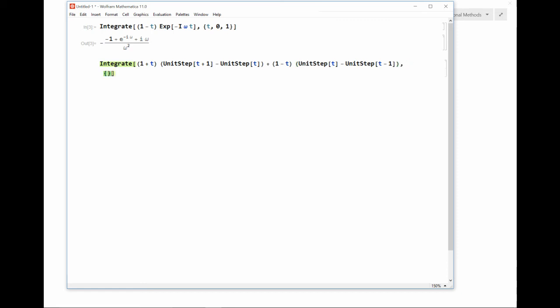I'm going to integrate in terms of t from minus 1 to 1. And just to show you that we are integrating the right function, I'm going to copy this expression and plot it, just to make sure that we're doing things correctly.